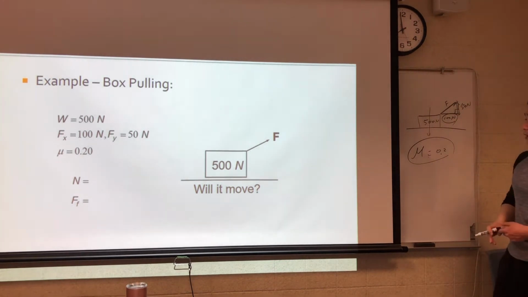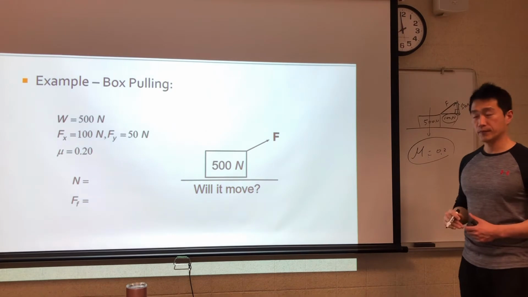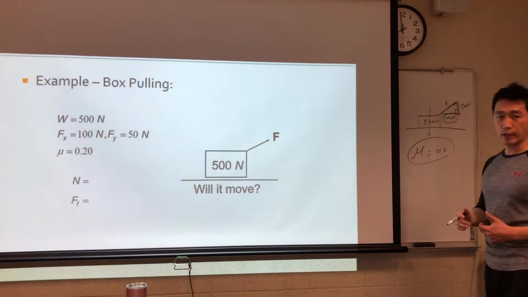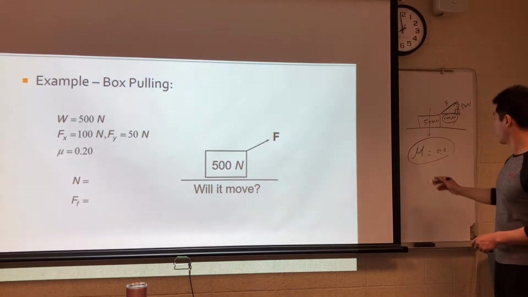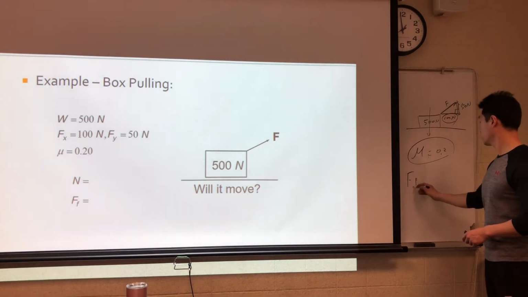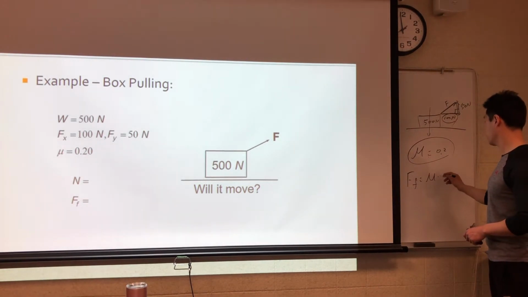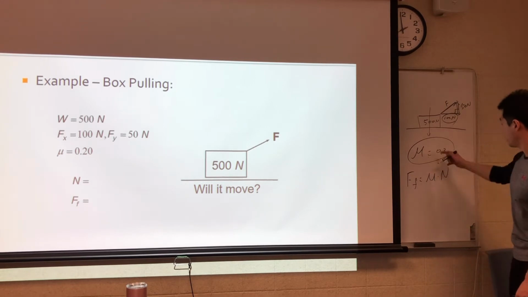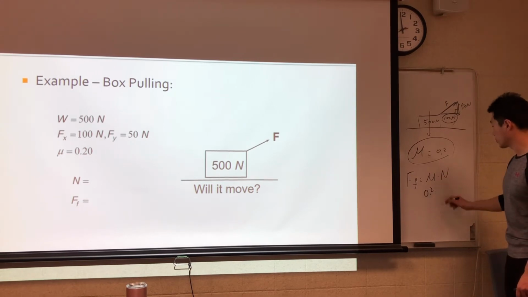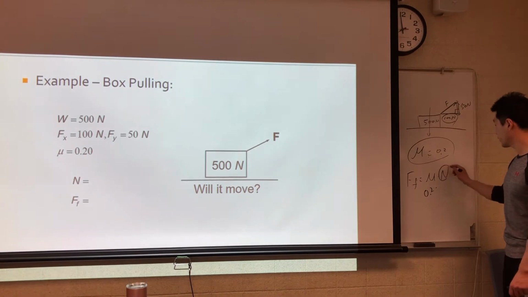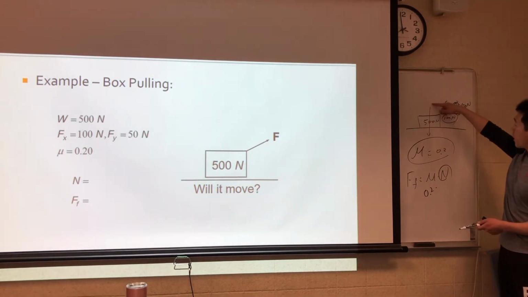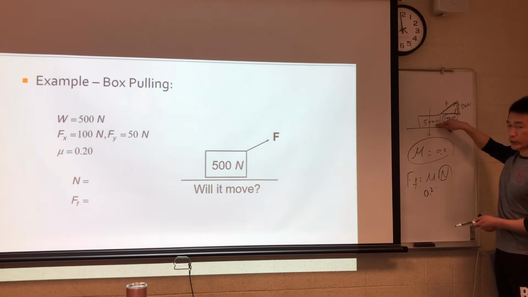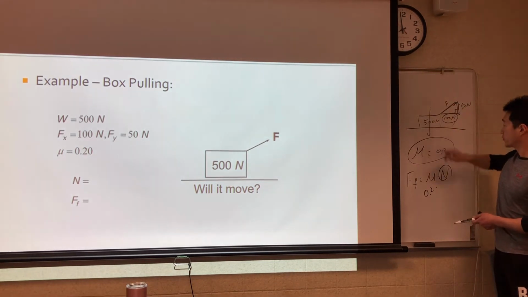Then let's calculate the friction in this system. If then we will be able to identify whether we can move this box or not. Again, friction, as you learned, is mu times the normal reaction force. Mu is here 0.2. How about the normal reaction force here? The weight of this box is 500 Newton, acting downward.